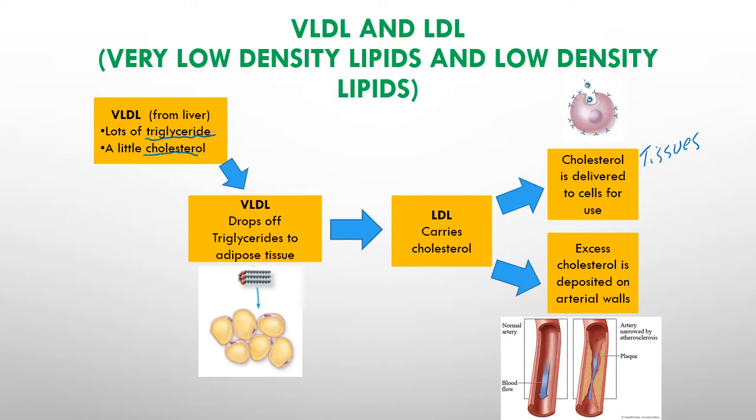So as we make new cells, as our cells are going through their normal processes, they're going to manufacture the things they need, whether it be hormones, new cells, all kinds of different things that those cells could need that cholesterol for.